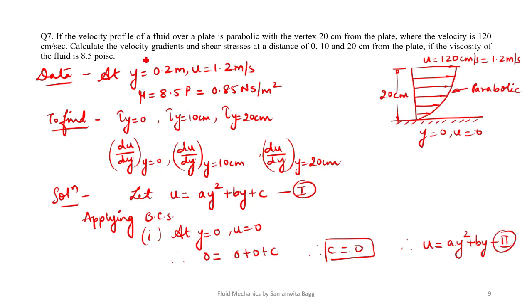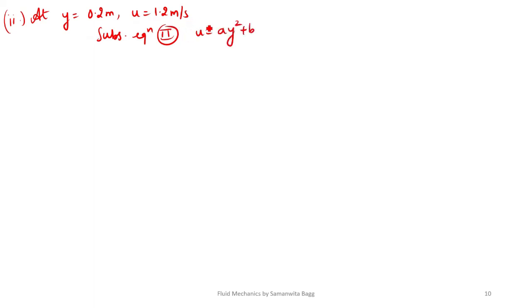Next, I can use the boundary condition that is given to me. At y is 0.2 meter, u is 1.2 meters per second. So let's use that. I'll substitute in equation 2, which is u is equal to ay square plus by.